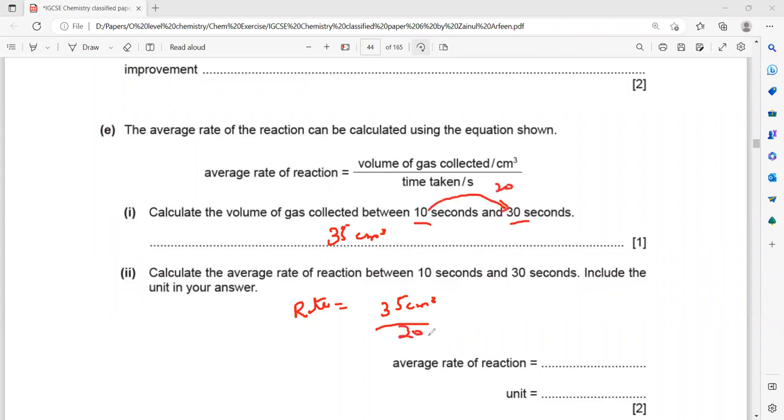So 35 divided by 20 will be 1.75. And the unit, because the volume collected was centimeter cube and the time is second, will be centimeter cube per second. If it was change in mass, then it will be grams per second.